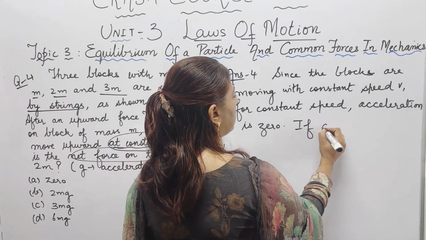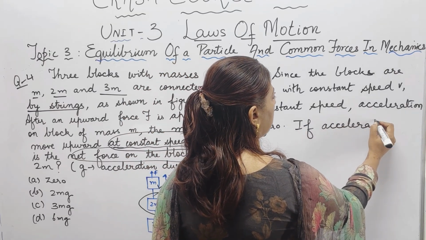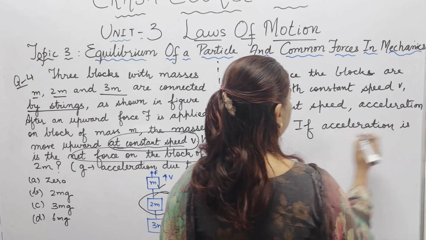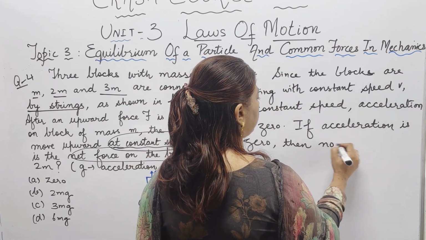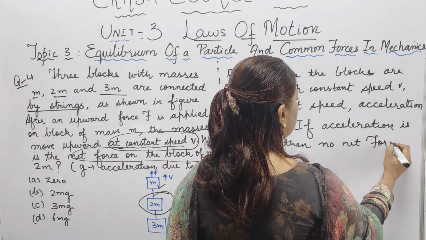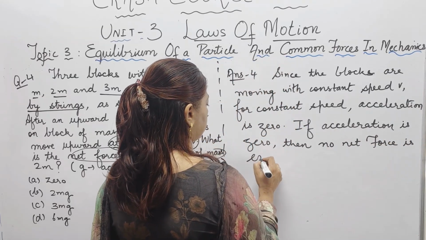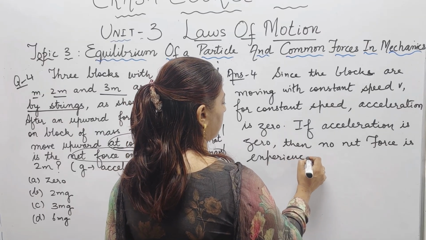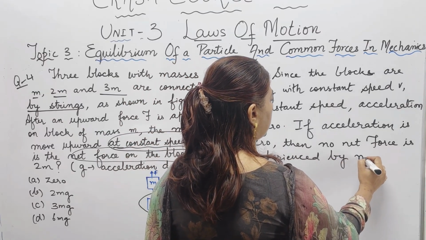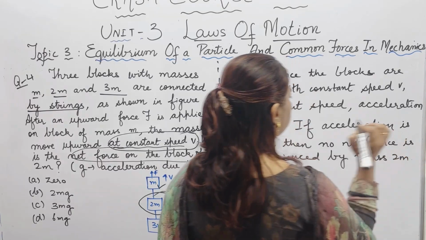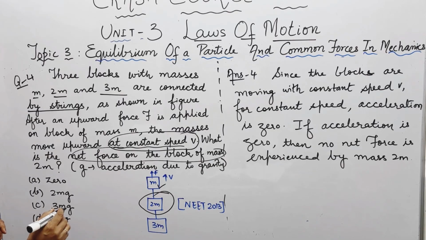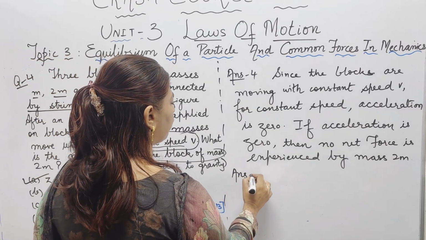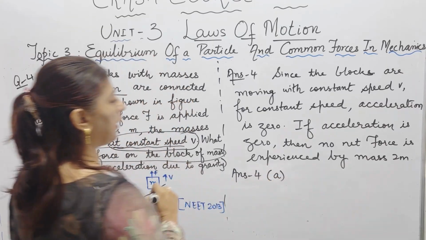If acceleration is 0, then no net force is experienced by mass 2m. Since acceleration is 0, so no net force, or the force will be 0. So option A is the correct answer, and the answer for the fourth is option A.